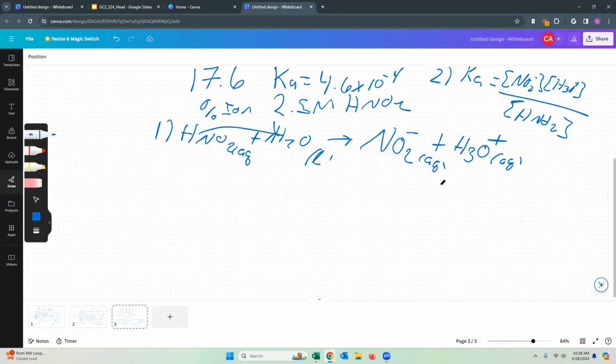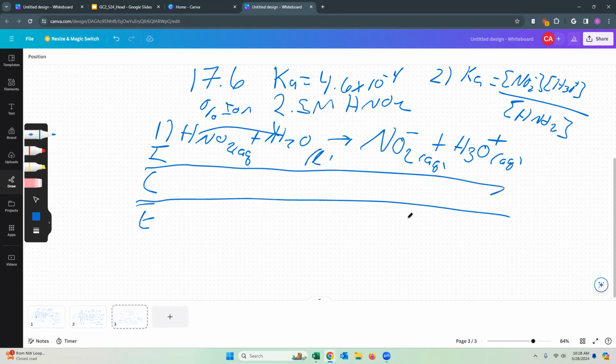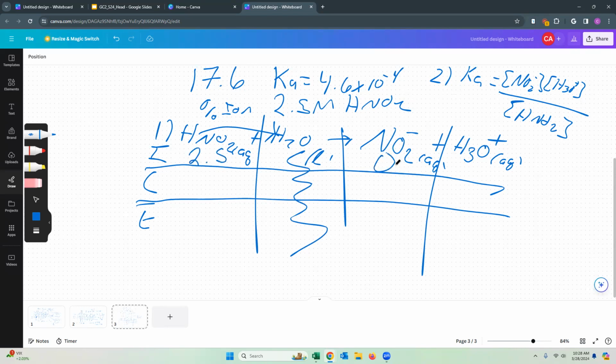Now, let's set up our ice table. Liquid, don't care. HNO2, we have 2.5. No NO2, no H3O plus.